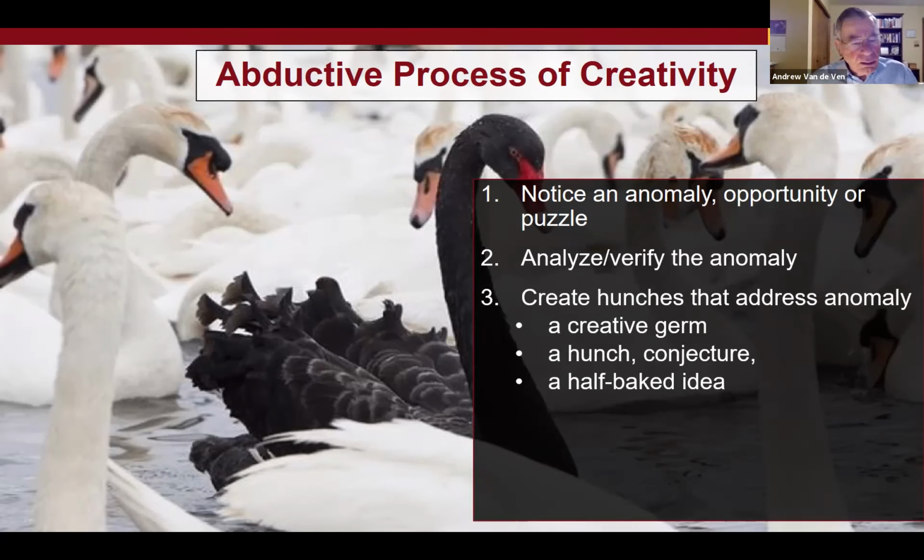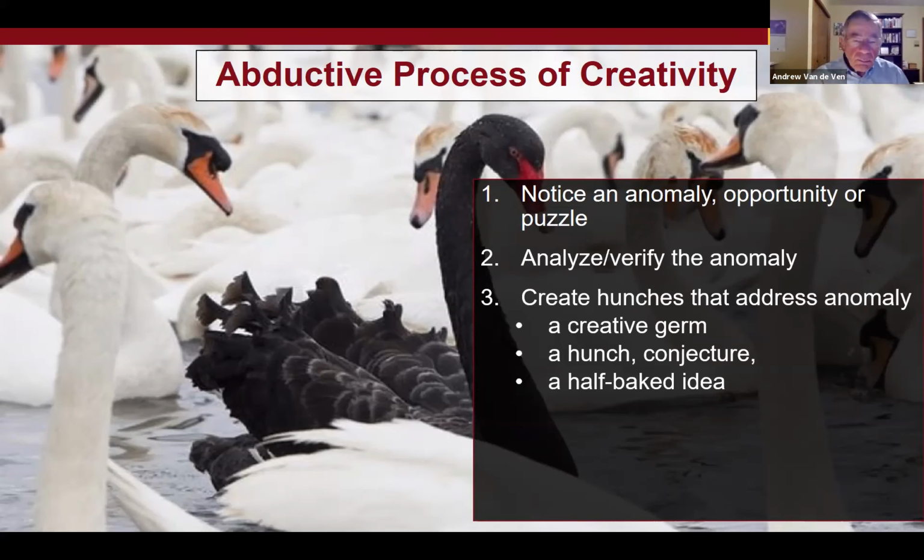I'll bet you there are some hunches here that explain why this one is black. It could be a migration problem. I know that black swans live in Australia, but surely they wouldn't get up to the UK, would they? But it's a possibility.